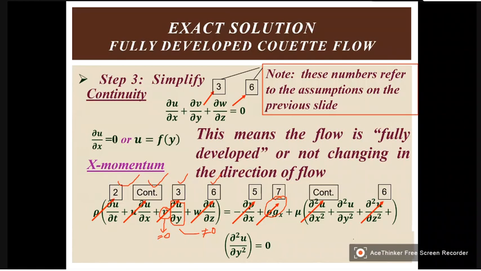Then coming to the shear stress terms, why is this 0? You have dou u by dou x as 0. So naturally, dou square u by dou x square will also be 0.